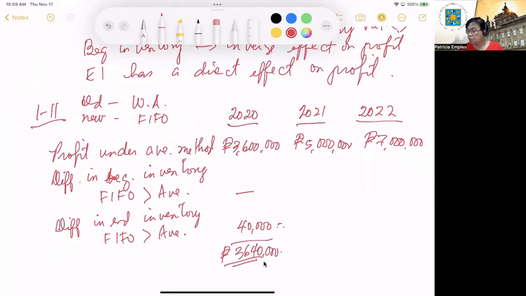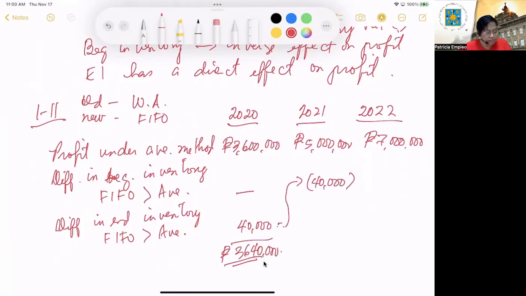But the ending inventory for 2020 becomes the beginning inventory of 2021. Therefore, the difference in beginning inventory here will be 40,000. The higher is the beginning inventory, and beginning inventory has an inverse relationship to profit. That means that the lower is the profit. Therefore, you are to deduct 40,000.